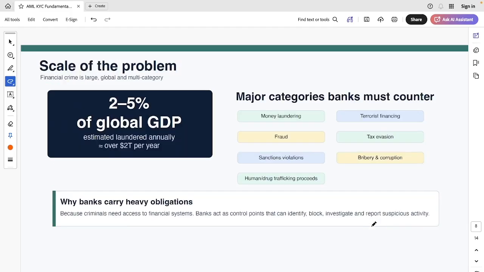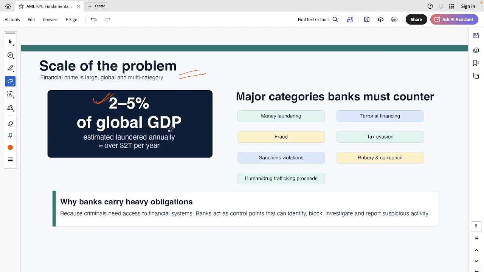Now let's zoom out and understand the scale of financial crime from the global context. As per the report, an estimate of 2 to 5% of total global GDP is laundered annually.